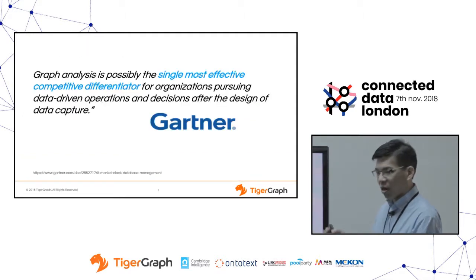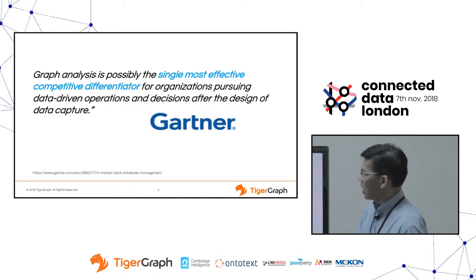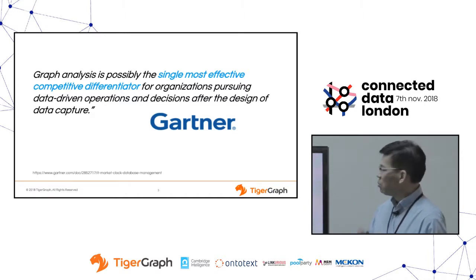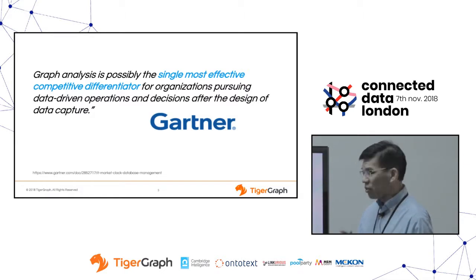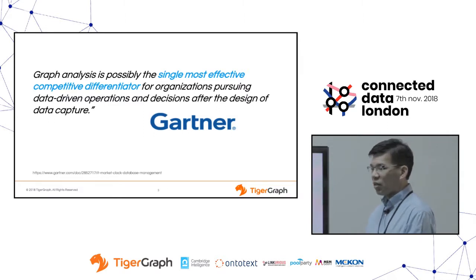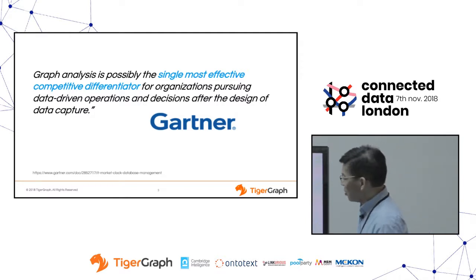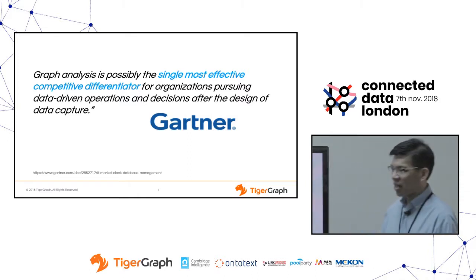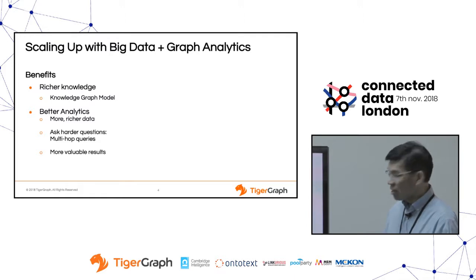Gartner, a large, well-respected financial and technology analyst in the US, believes graph analytics is the single biggest differentiator that will say whether an enterprise is really succeeding or not, is whether and how they employ graph analytics. The leaders are already using it, and everybody else is seeing how they can. So for those of you here to take on that mission, how can you use graph analytics? We're here to try to help you.